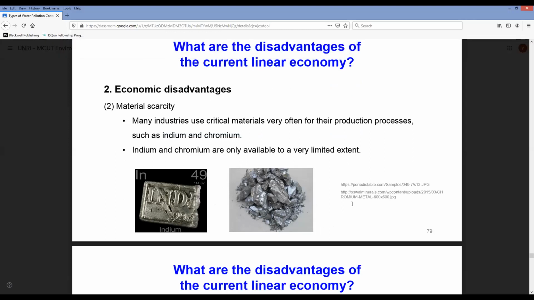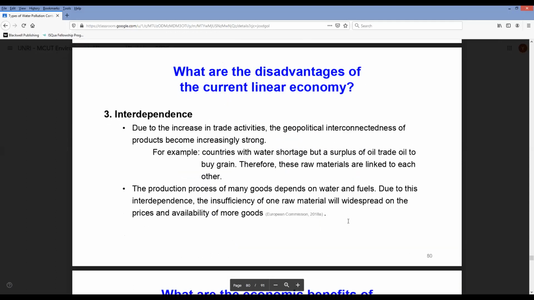So when we just keep using this material, someday we won't have it anymore. This is the economic disadvantage. And then the next one is called interdependence. Due to the increase in trade activity, the geopolitical interconnectedness of products becomes increasingly strong. Okay, next please.